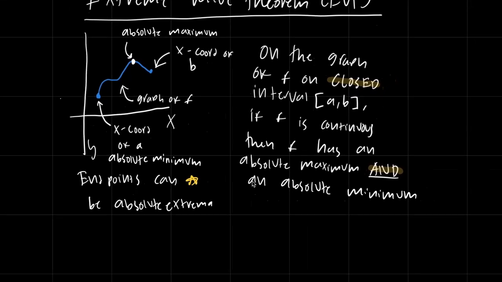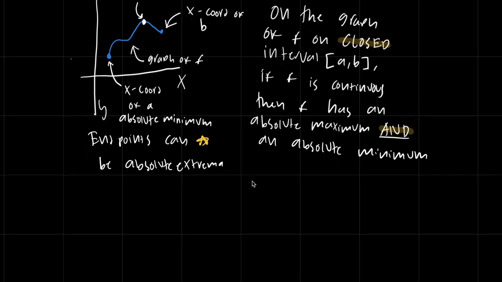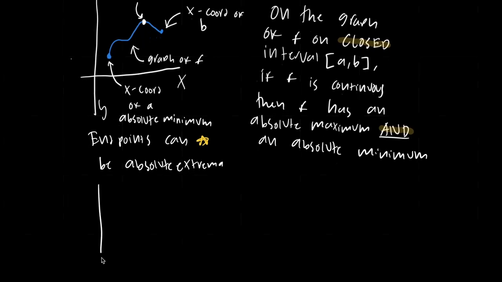So, let me draw a graph where the endpoints are both the absolute extrema, just to drive that point home. So you can see here that this is the absolute maximum.